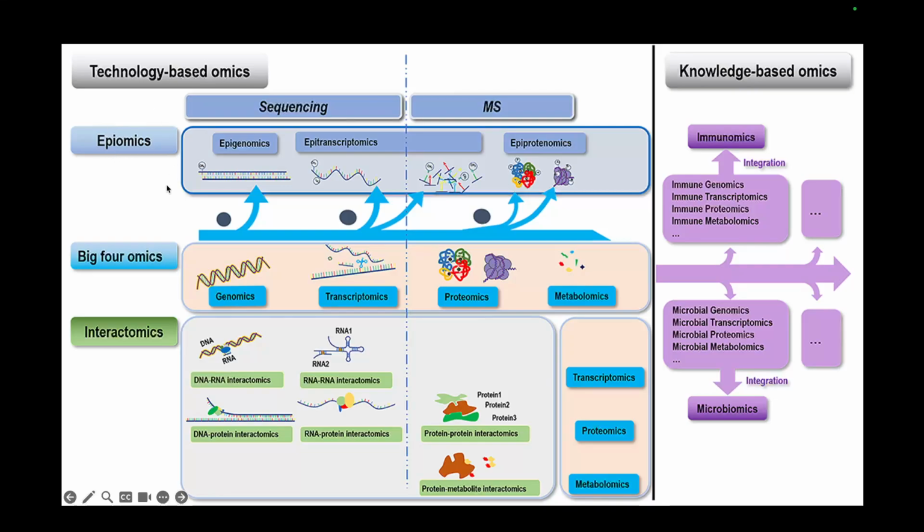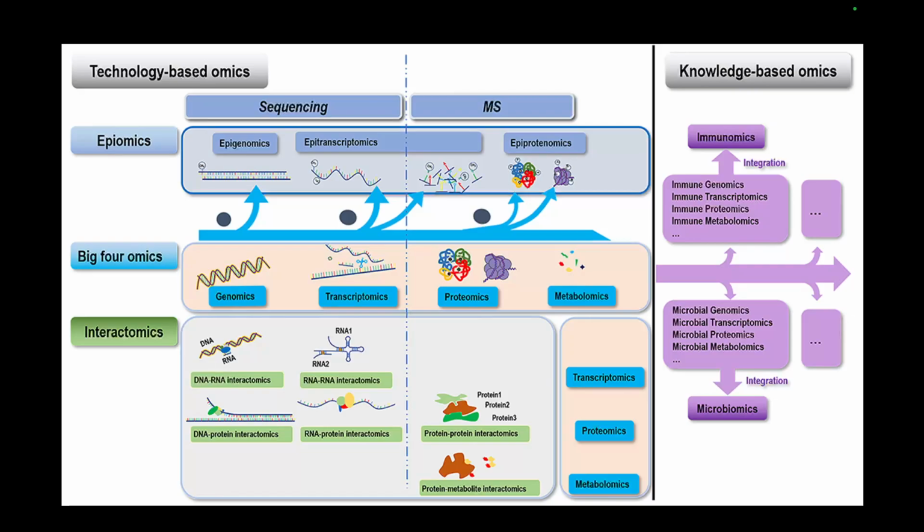Other than that, there is something called epi-omics. You'll not hear that term much, but you'll hear epigenomics, epitranscriptomics, or epiproteomics. Basically, two types of technologies are used. Either you can sequence the whole thing, or you can do mass spectrometry.